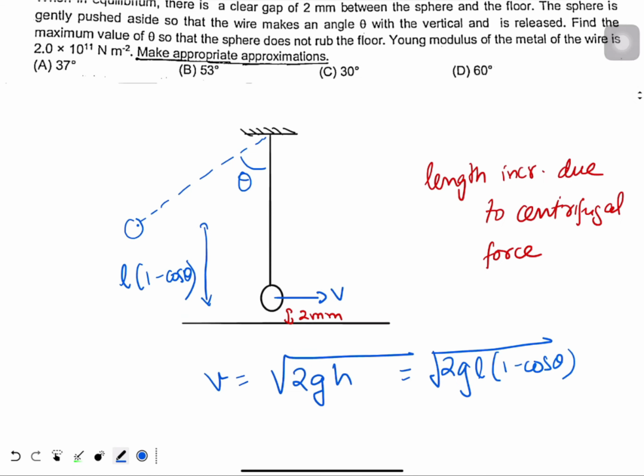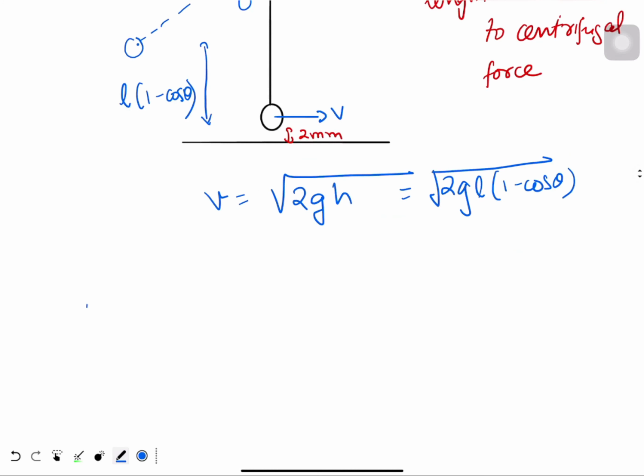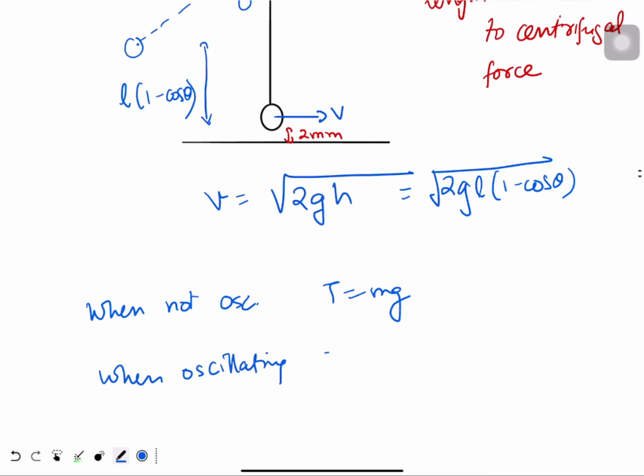Now see, when not oscillating, tension is equal to mg at the bottommost point. And when oscillating, tension is equal to mg plus mv square by radius, where radius is L. So due to this extra tension created, the length of the wire will increase and this gap will be gone.